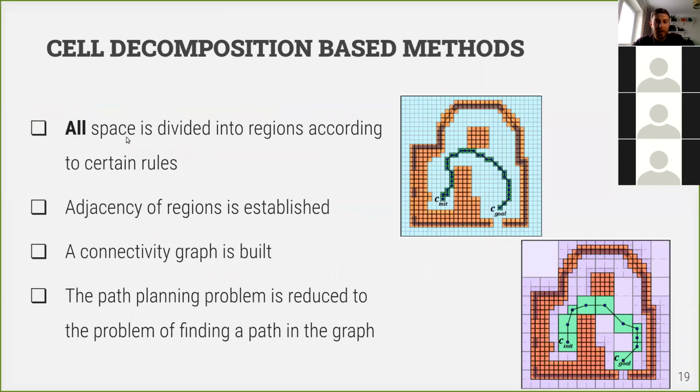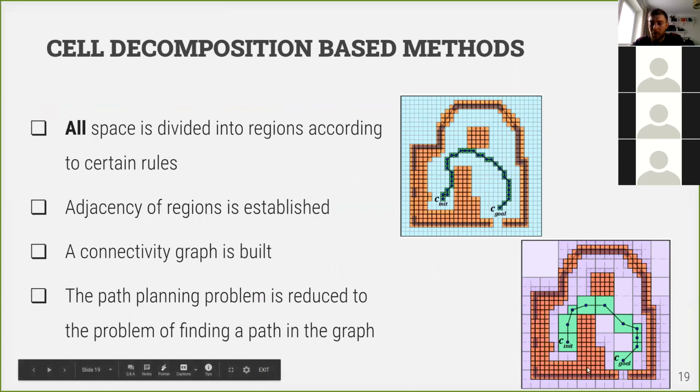As we said, we represent the whole space, even obstacles, as you can see, as regions according to certain rules. You know that cells can be equal, as in the top image, or there can be some adaptive sampling. So bigger free spaces can be represented by bigger squares, and space close to obstacles can be represented with small squares. This gives us precise knowledge of how obstacles look, but it doesn't matter how free space looks exactly, because we just know that it is free.